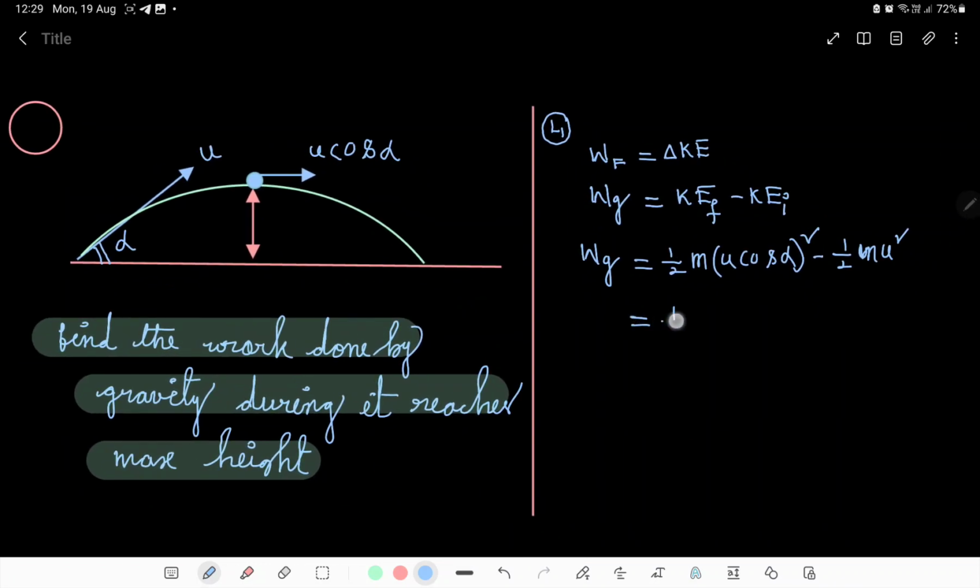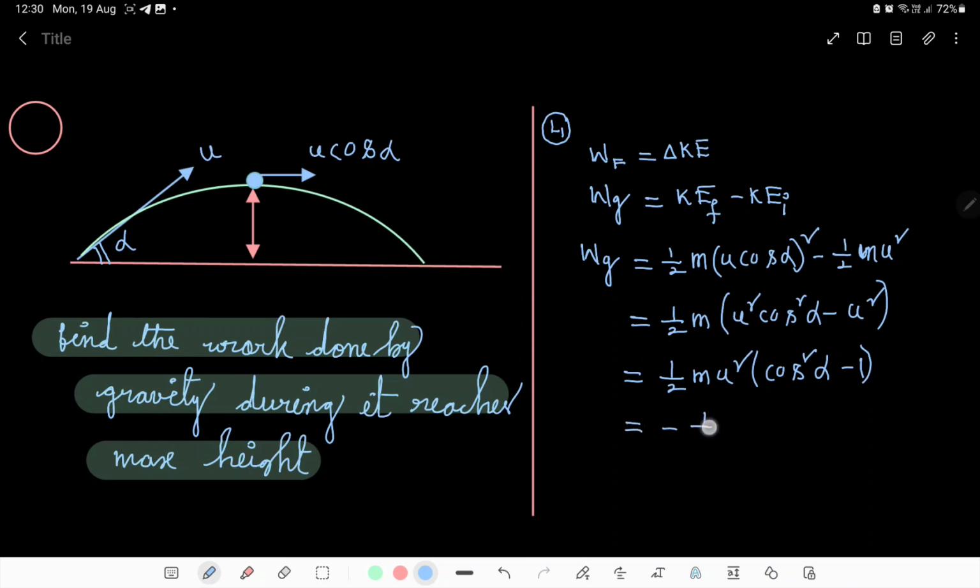Therefore if I take half m u square out, I can write cos square alpha minus 1. So cos square alpha minus 1 can be written as minus sin square alpha. So the work done is minus half m u square sin square alpha.